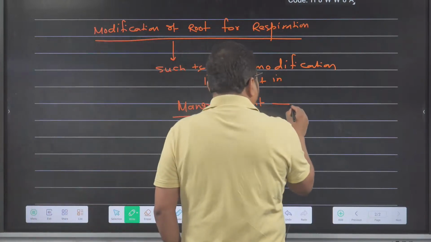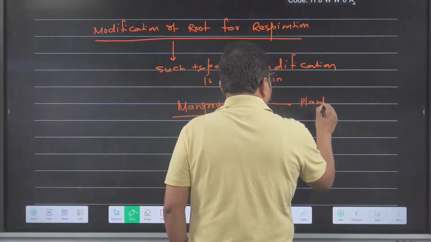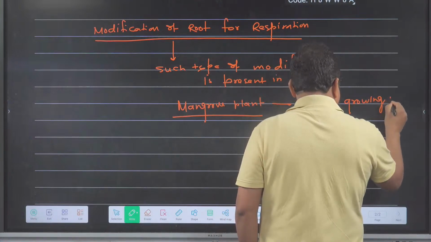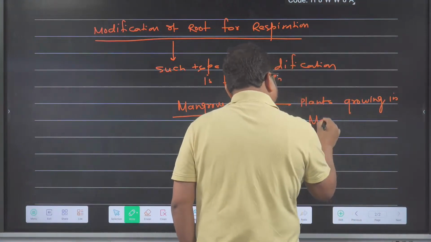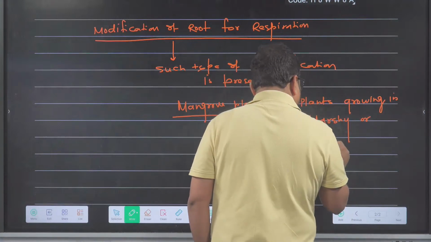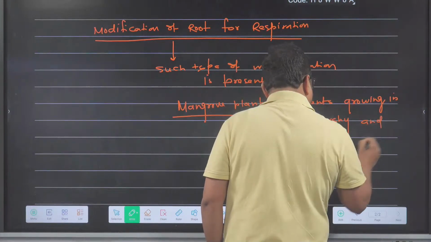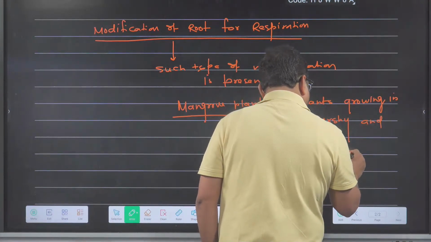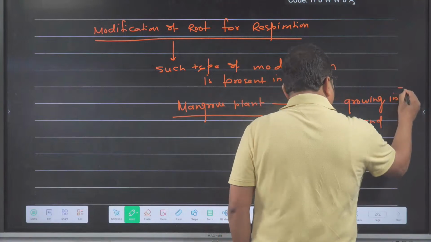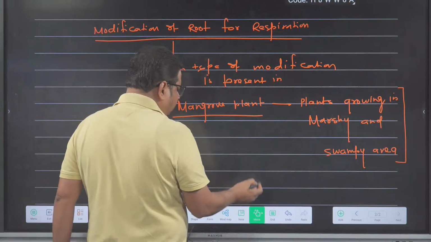Plants growing in marshy and swampy areas. Plants growing in marshy and swampy areas are called mangrove plants.